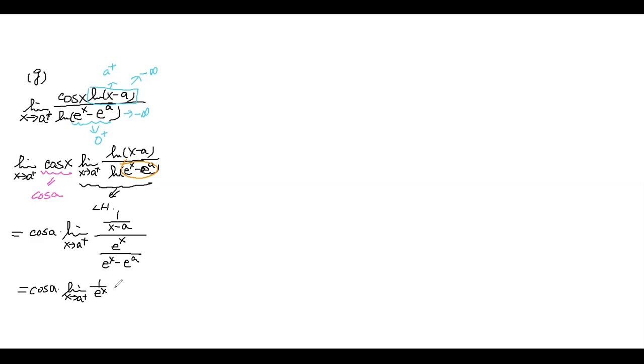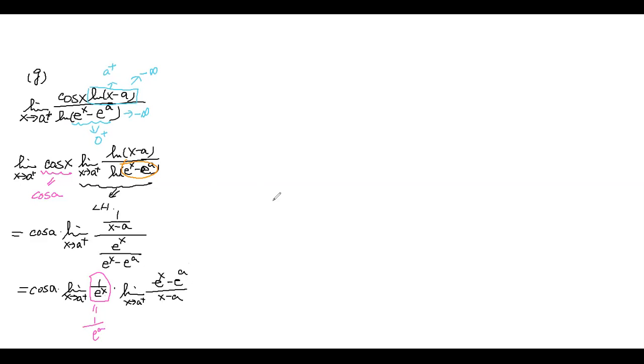And then I can flip this one, so this is x minus a over e^x minus e^a. The reason I want to pull this out is because it will give me 1 over e^a, so it's a constant. So now I have two constants.